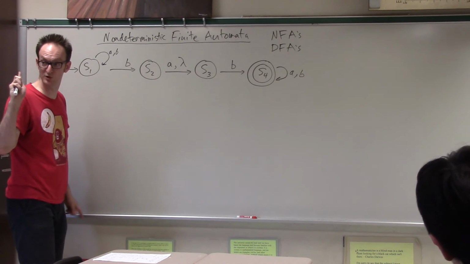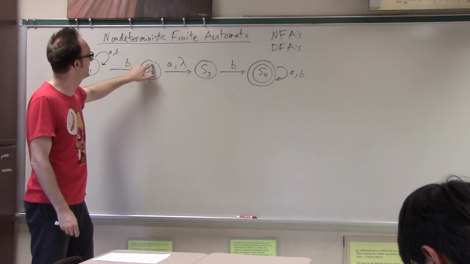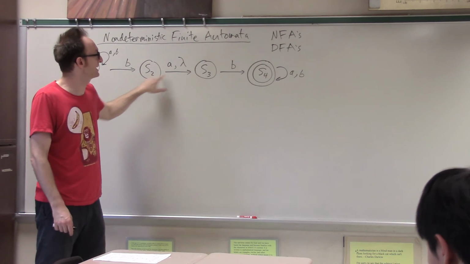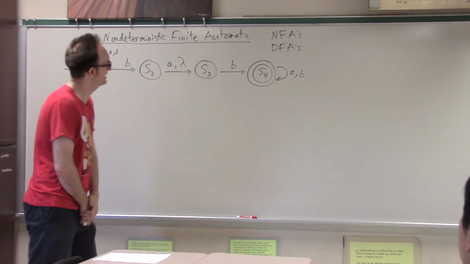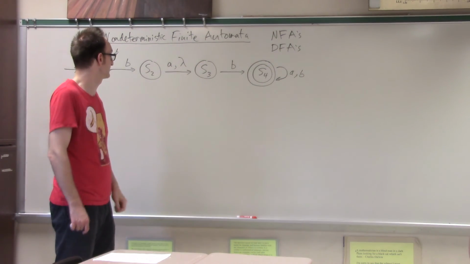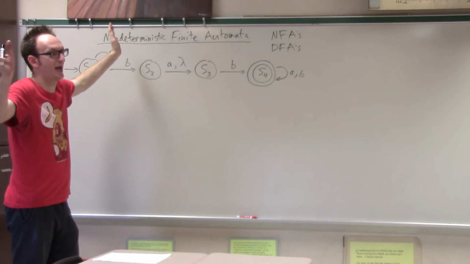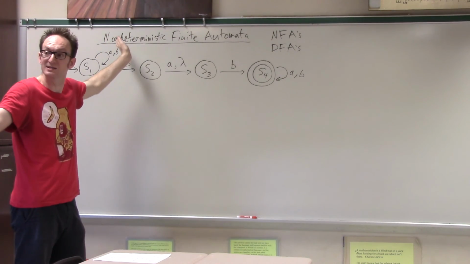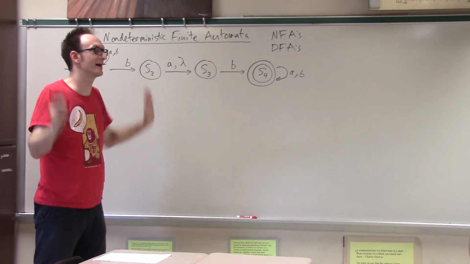So that's strange thing number one. Strange thing number two is that you can immediately transition from one state to another without reading any input. And strange thing number three is sometimes there are just no directions for what to do when you're in a particular state. For example, if I'm in state S2 and I read a B, nothing happens. I can't read a B, so it just dies. Same thing here: if I'm in state S3 and I read an A, I just die.